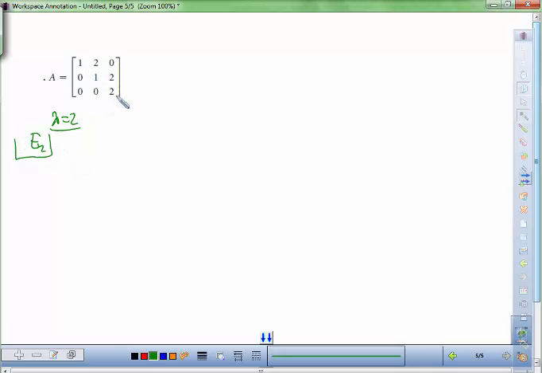We want to do that A minus 2I business and then find out the null space of this. So it would be 1 minus 2 is negative 1, 2, 0, 0. 1 minus 2 is also negative 1.